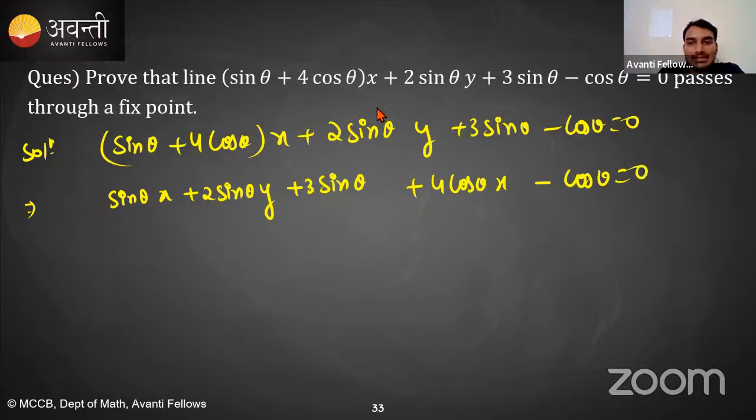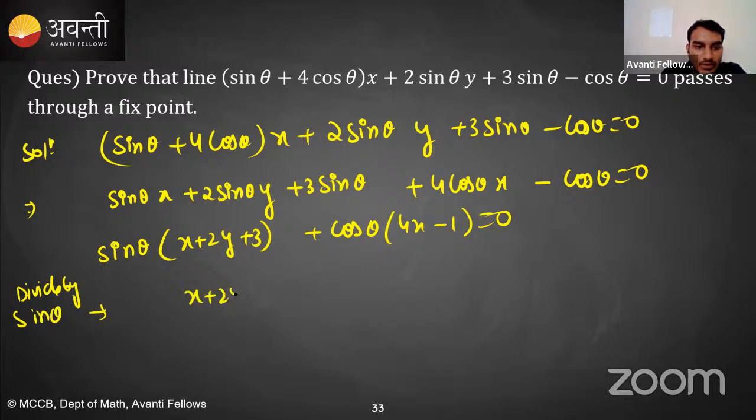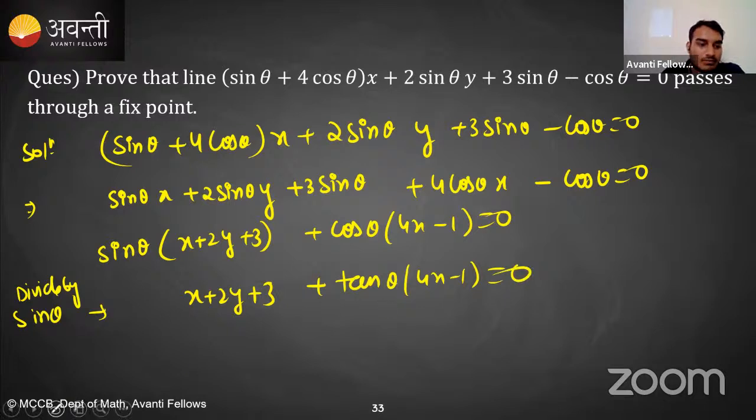Yes or no? This is how it is written. So take sin theta common: x plus 2y plus 3. Take cos theta common: 4x minus 1 is equal to 0. Now divide by sin theta. What you will get? x plus 2y plus 3 plus cot theta into 4x minus 1 is equal to 0. Yes or no?